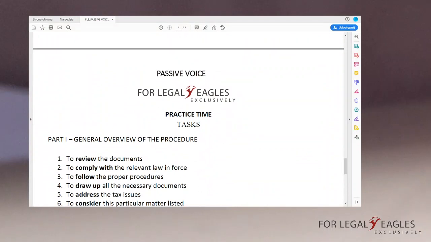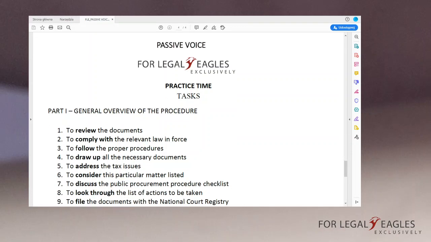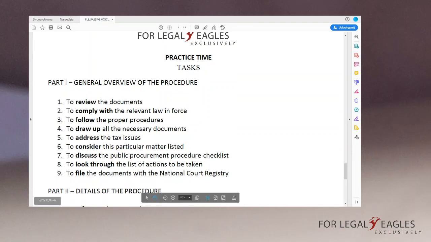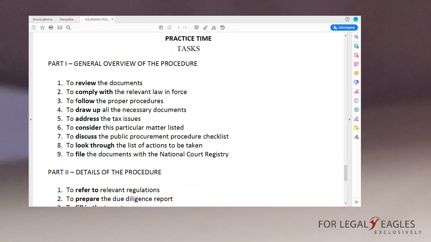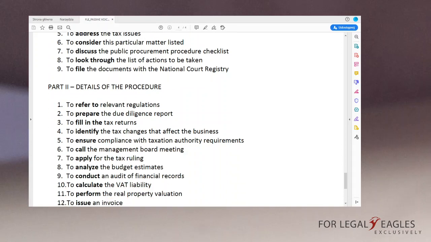Practice time tasks, general overview of the procedure. These are the prompts for, well, lawyers in general. Expressions that any lawyer in Kraków, I don't know about the rest of Poland, but definitely all the lawyers in Kraków will use them. And details of the procedure.